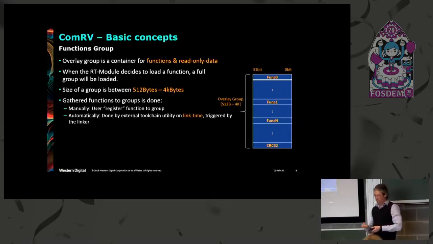You will need a profile file that we provide to the linker. It will invoke automatically a grouping tool, which I will present later on, concepts of how it works. And the obvious solution is that you don't need any grouping. So if you don't need any grouping, you don't care about performance at all, then each function will be in its own group.